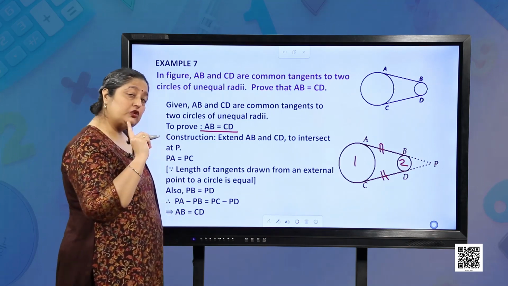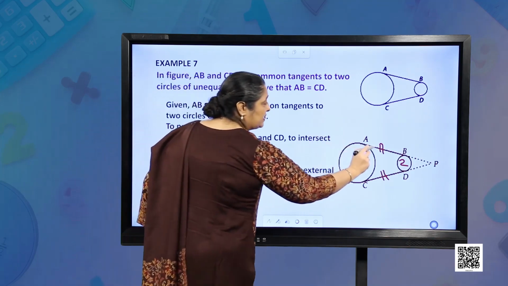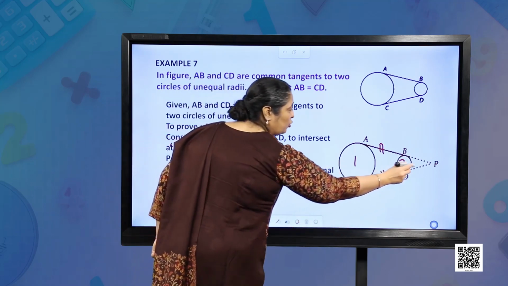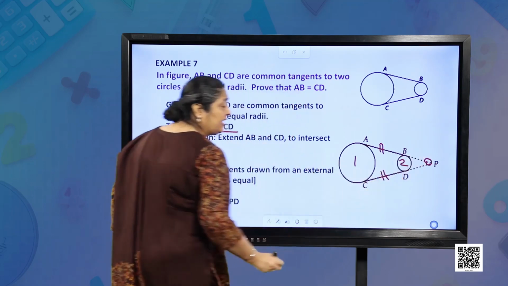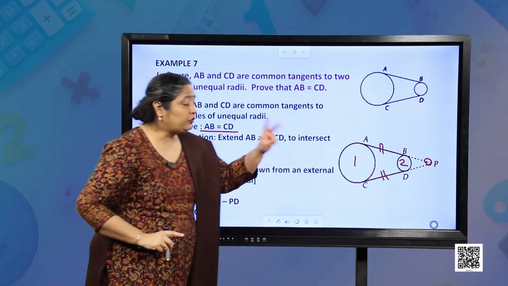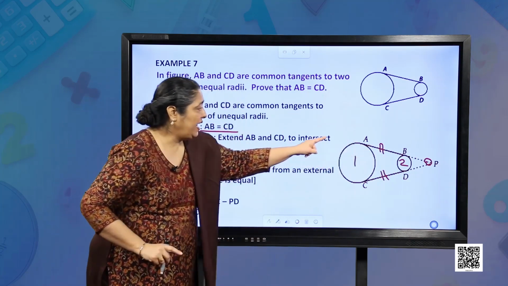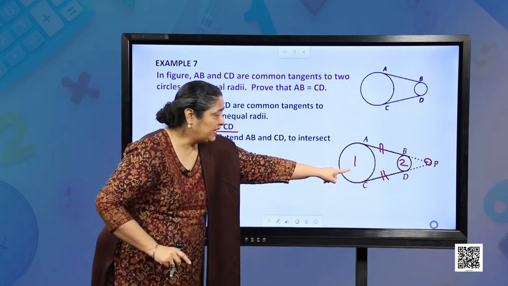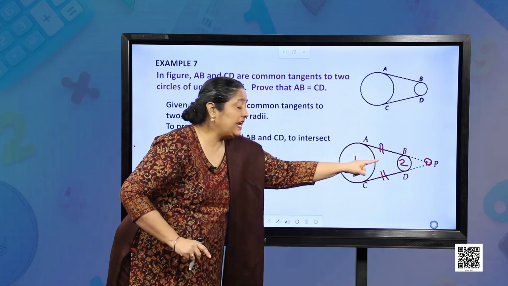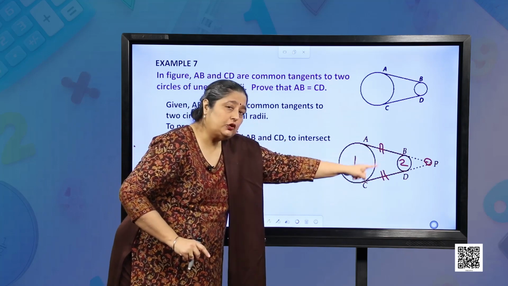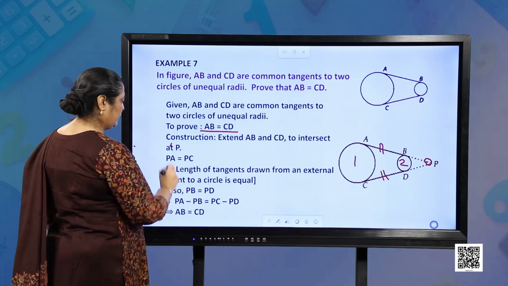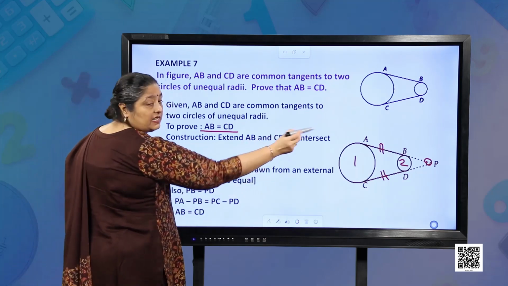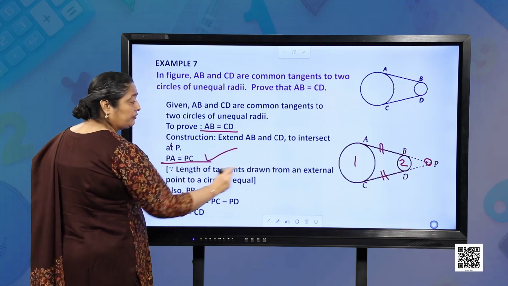The first step, we need to construct what? Just extend AB to P, and also extend CD to P. Then we have P as an external point, and PA and PC are tangents to circle 1, and PB and PD are the two tangents to circle 2, right? So, PA is equal to PC, the length of the tangents.